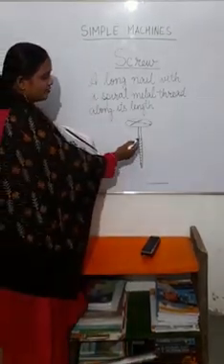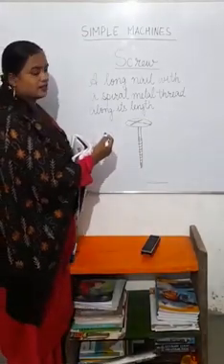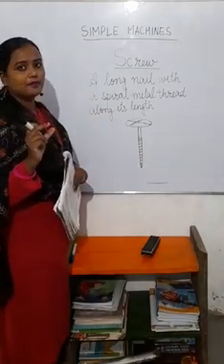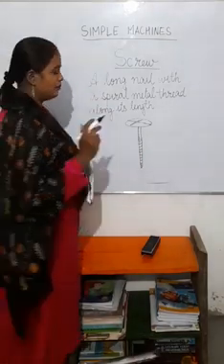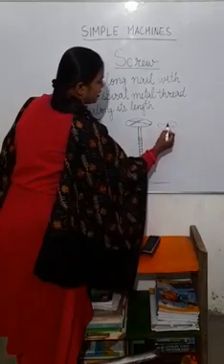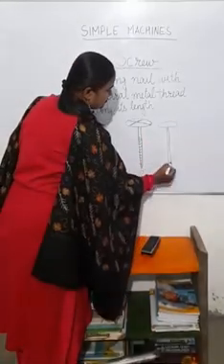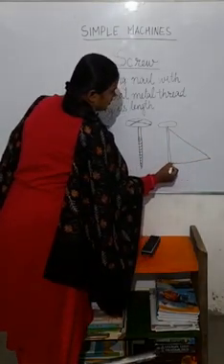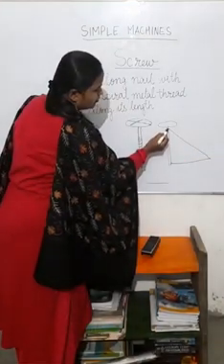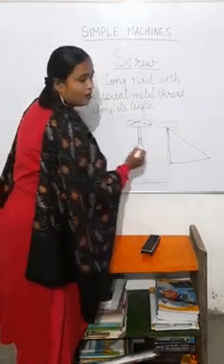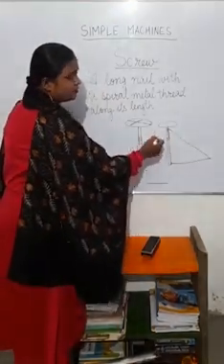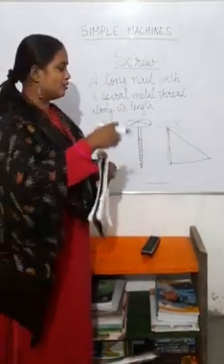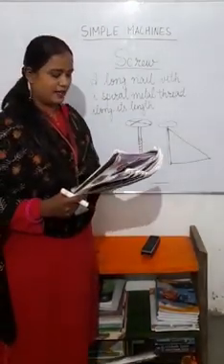A nail does not have this spiral thread, so you have to make a screw out of a nail with the help of a paper. So you have to take a nail and a triangular paper, and then you go on folding this edge of the paper around the length of the nail.